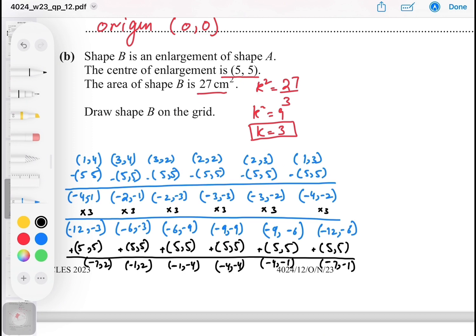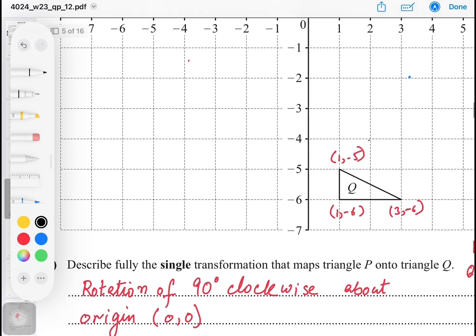Now I'm going to locate the coordinates and make the diagram.